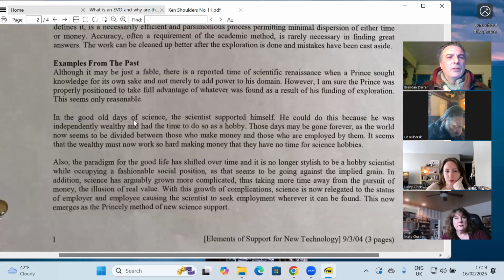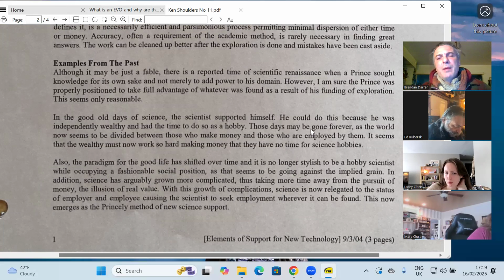In the good old days of science, the scientist supported himself. He could do this because he was independently wealthy and had the time to do so as a hobby. Those days may be gone forever, as the world now seems to be divided between those who make money and those who are employed by them.